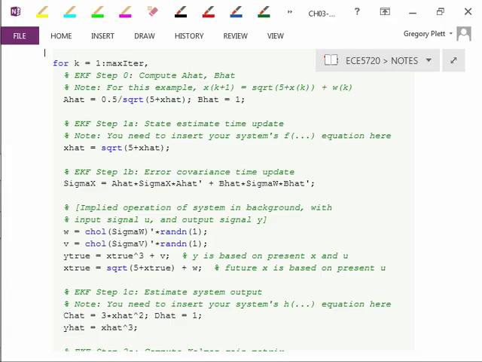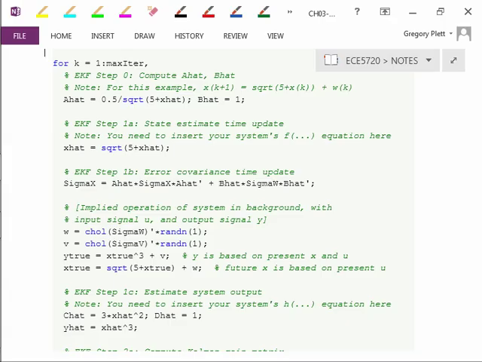And A hat depends on the prior estimate, not the present prediction, so I have to compute A hat before I update X hat with the present prediction. That's why it's in step 0. So A hat is 0.5 over square root 5 plus X hat. That should correspond with what we saw before. And B hat is equal to 1.